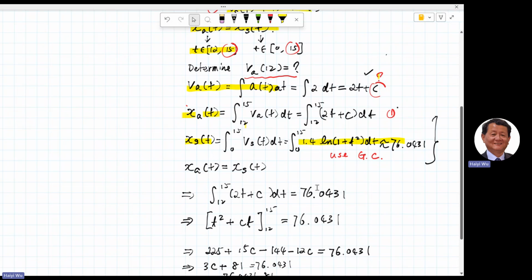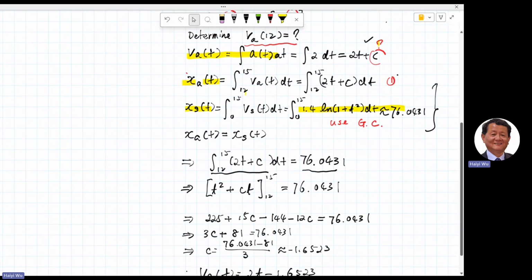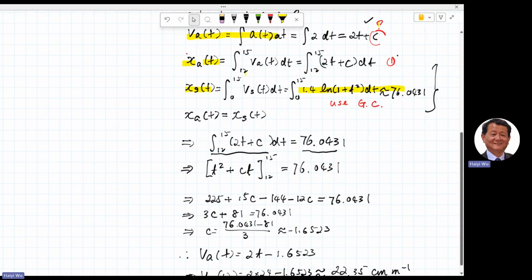Now we put them together, because they eventually catch up. The displacement of the ant, on the left, equals the displacement of the snail, 76.0431. On the left-hand side we integrate, then substitute the values into the equation.